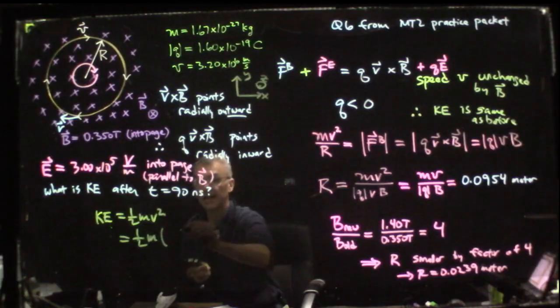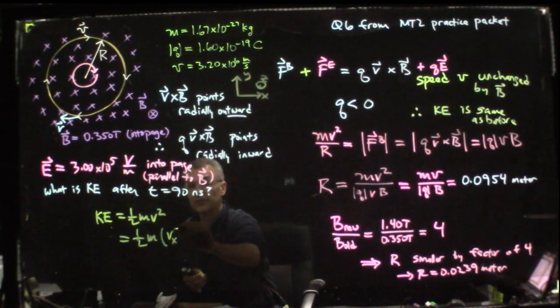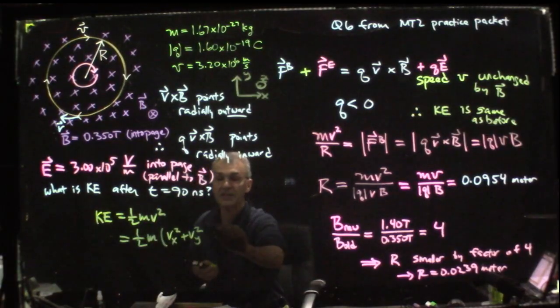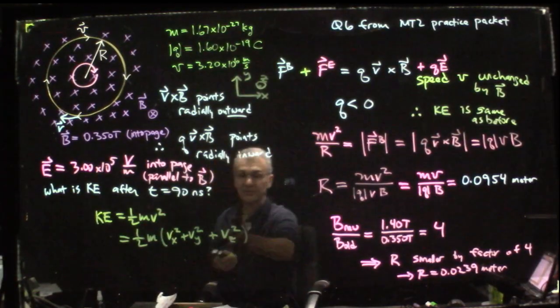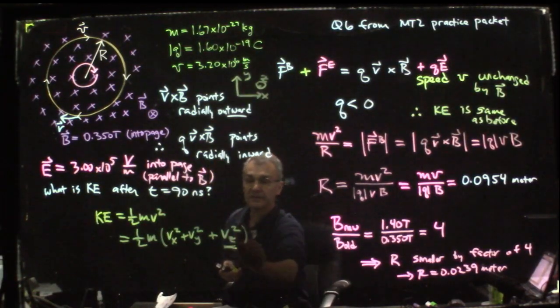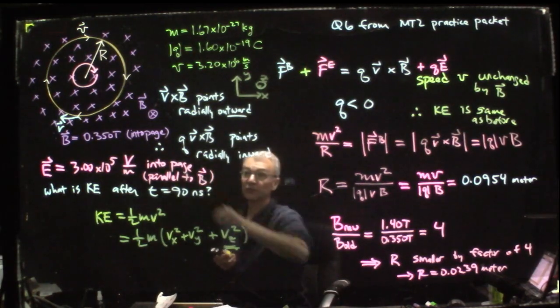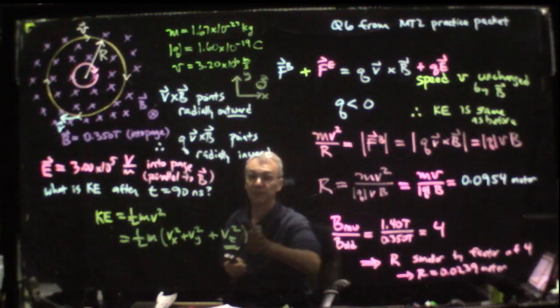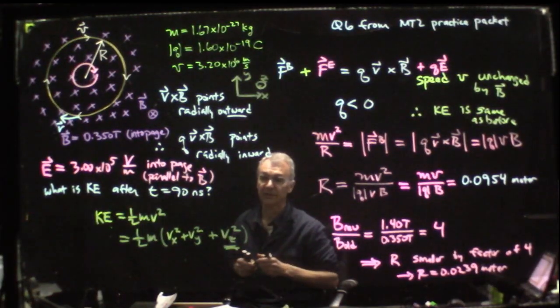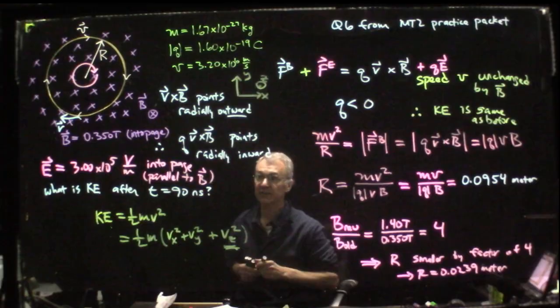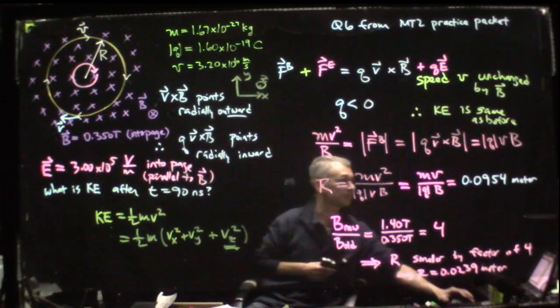So then here's vx squared plus vy squared. That's actually going to be unchanged, but then there's vz squared. This is going to be the part that was 0 before when everything was happening in the xy plane, and now we're going to have a non-zero vz. So let's work that out.